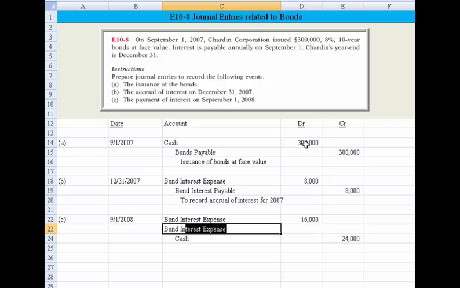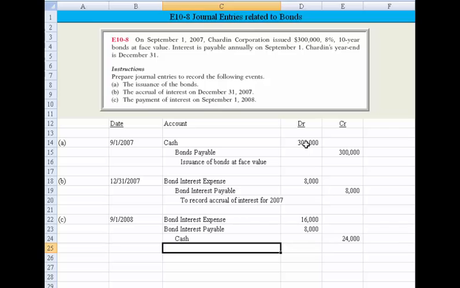Now we eliminate the liability we set up at calendar year 2007, and we reduce that, which we've already calculated right there. Okay, and that takes care of Part C, and then we would list the entry as to record the payment of bond interest. Now, if I can spell it right, indent it, and that takes care of this problem.